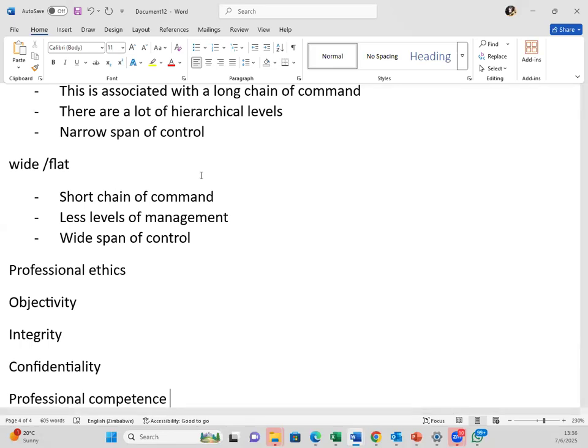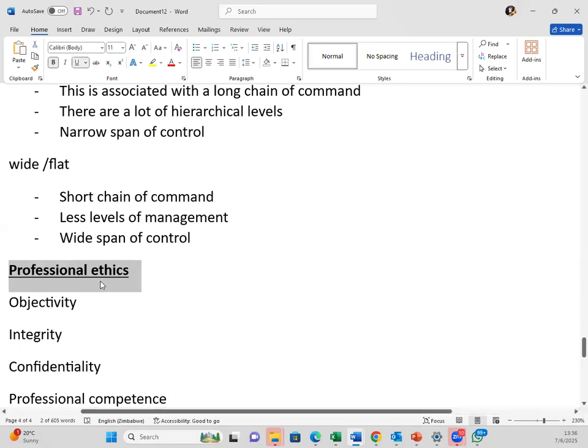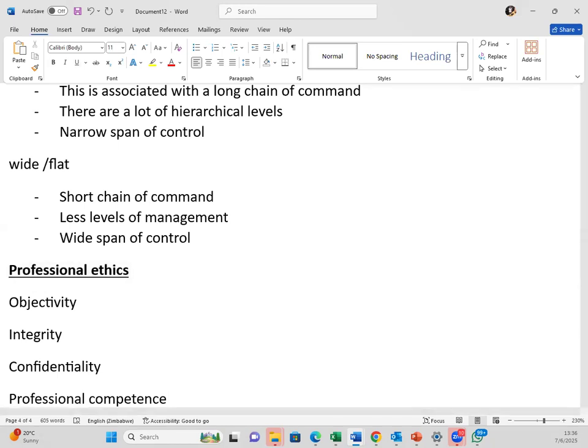Okay, so these are the principles that are supposed to be governing professional members. So being governed by objectivity, what duty is this one?